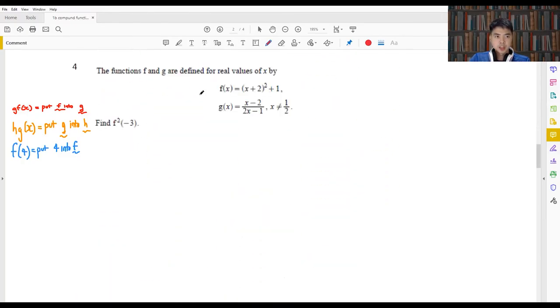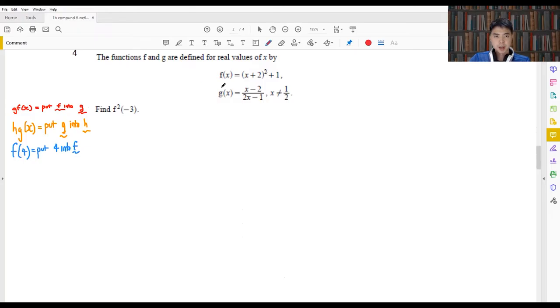Now, moving on to the next question, you'll see that the functions f and g are defined for real values of x by f(x) is this, and we're asked to find f squared of negative 3. Since there is a negative 3 in here, we can replace the x with negative 3 first, and also identify that this is f squared, which means f(f(negative 3)).